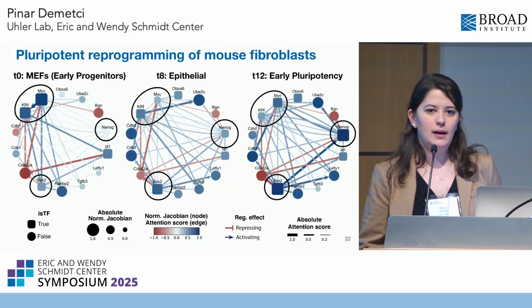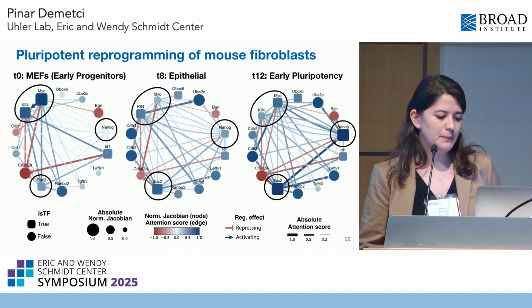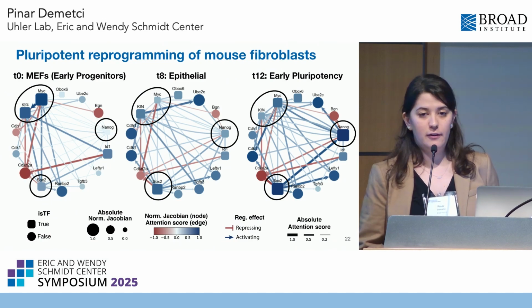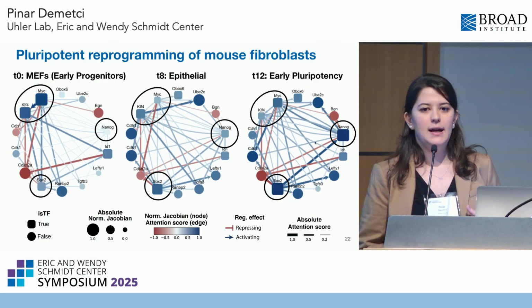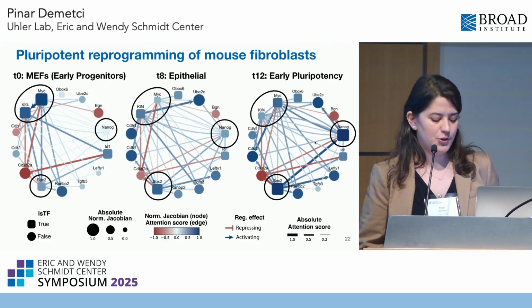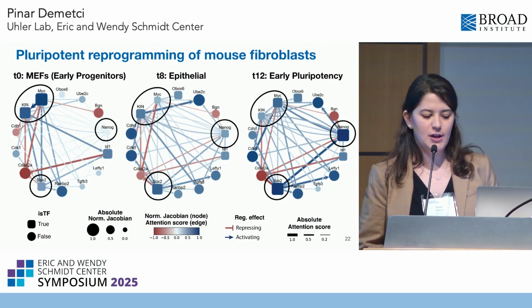So this also validates our insights. We look at a very small part of the regulatory network and also see that SOX2 and NANOG, their influence and their interactions with other transcription factors go up as we approach the pluripotency stage in the transitions.